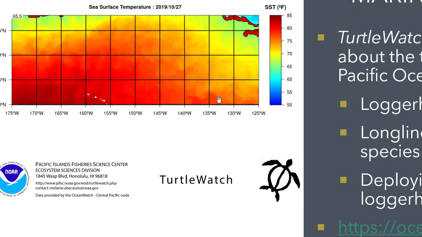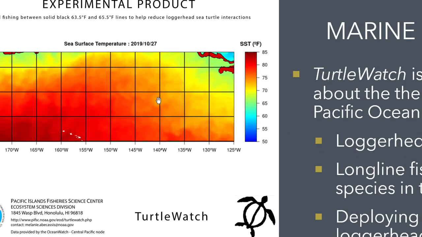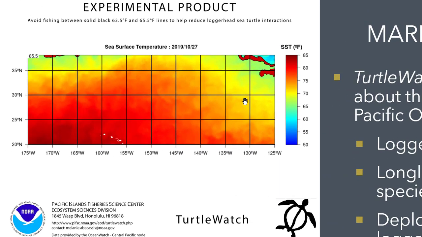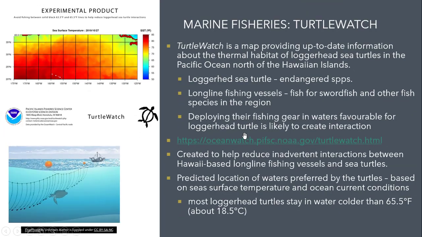This is a very practical example of how the understanding from sea surface temperature captured through remote sensing covering a wide area can be used to advise on how to prevent contact with this particular endangered species.